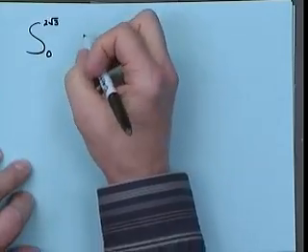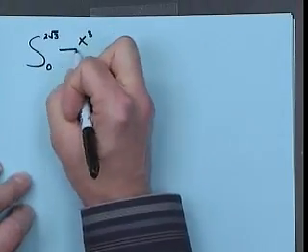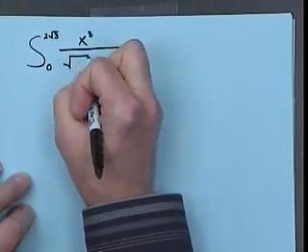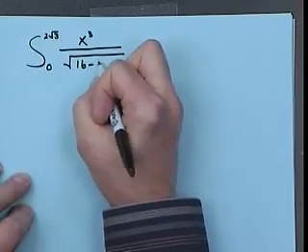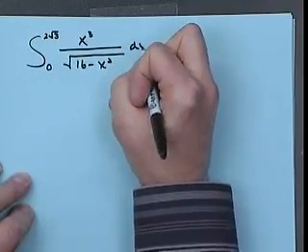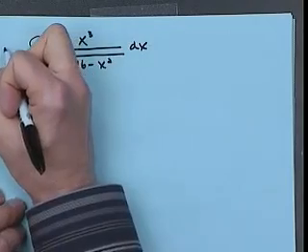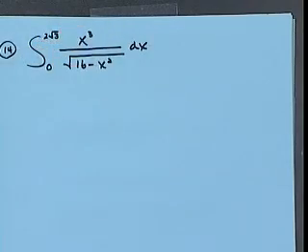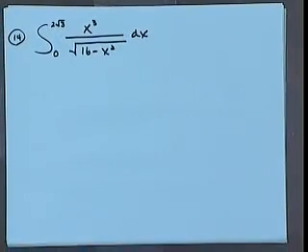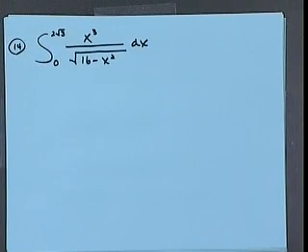Does this look like it so far? X cubed in the numerator? So it's a WebAssign problem. It's also problem 14 in the 5.7 problem set. This is a trig substitution problem.